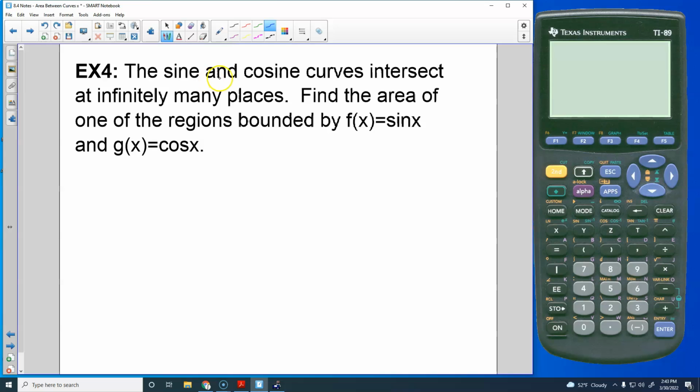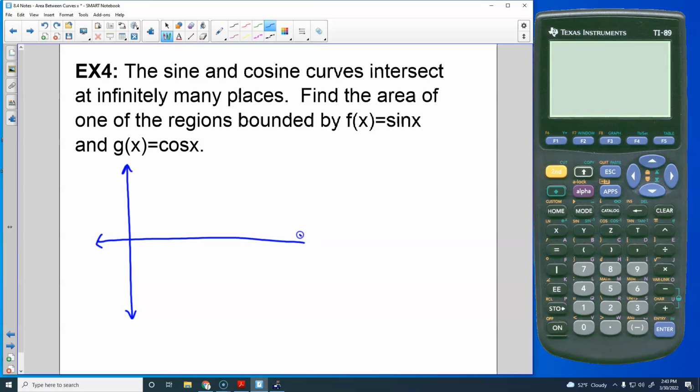Example 4. The sine and cosine curves intersect at infinitely many places. Find the area of one of the regions bounded by f of x equals sine x and g of x equals cosine x. So, we've got to remember for this what sine and cosine look like.